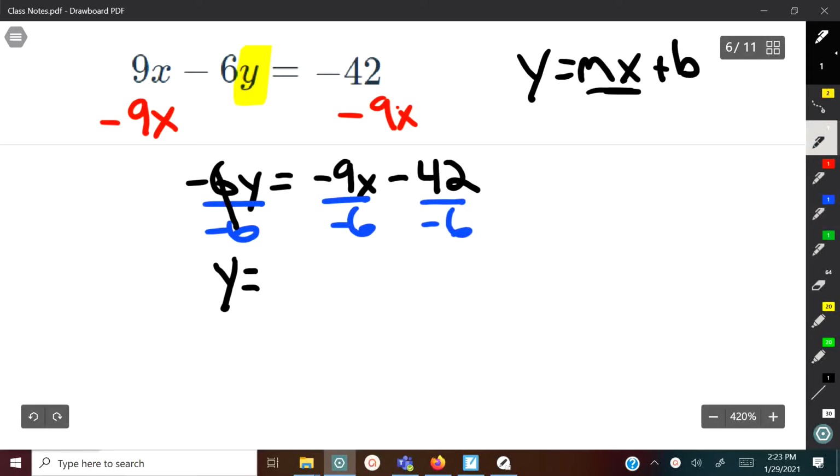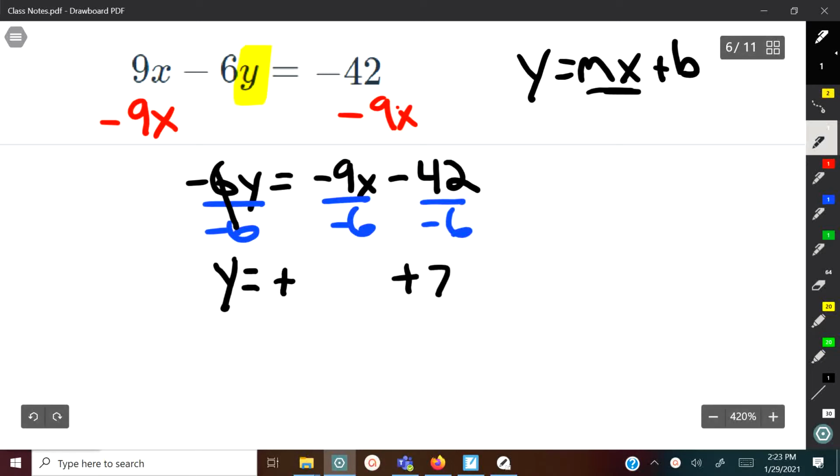This time I'm going to skip the step where I write it out again and just go ahead and do the computation. Negative divided by a negative is going to be a positive, and 42 divided by 6 is 7. Now here again, negative divided by a negative is a positive.